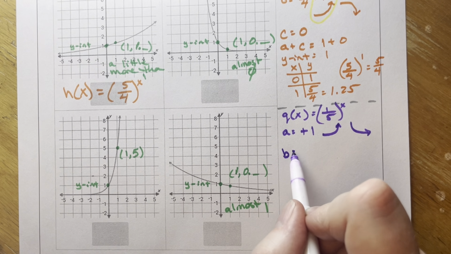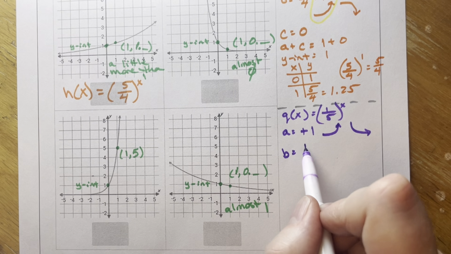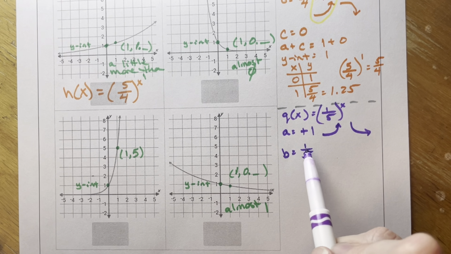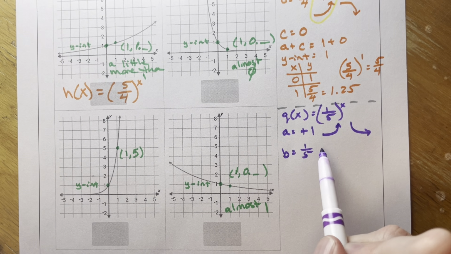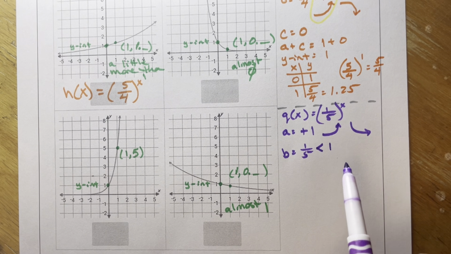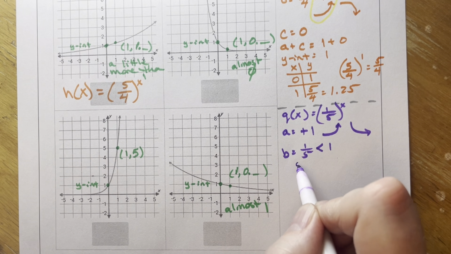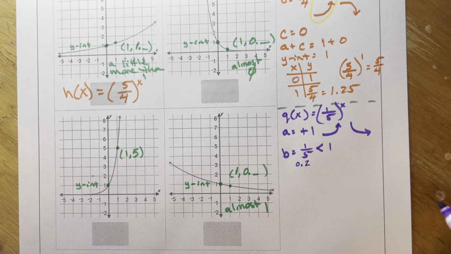And then b is 1/5. So here my numerator is definitely smaller than my denominator, which means that 1/5 is less than 1. If you think in decimals, then you could say, oh, this is 0.2, if that helps your brain.